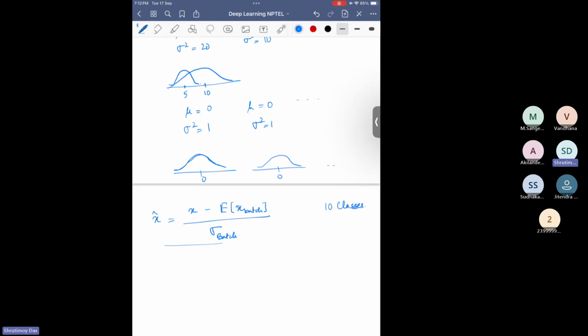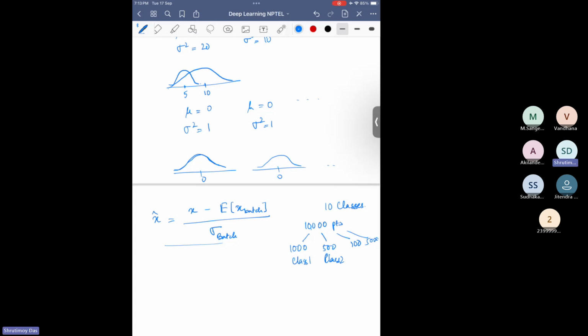Say out of 10,000 data points, you have 1,000 points of class 1, 500 points of class 2, and something may have 100, something may have, I don't know, 5,000. So each of these distributions may be different for each class.